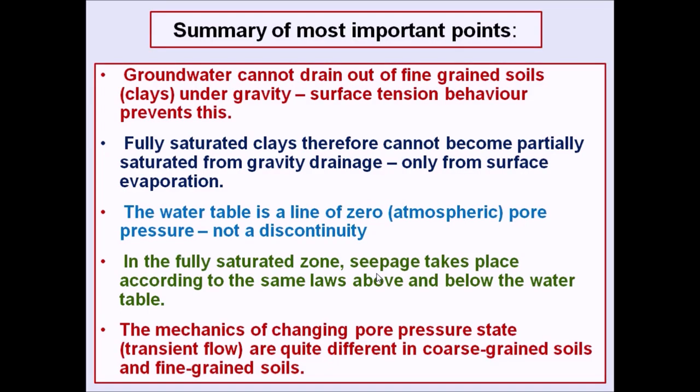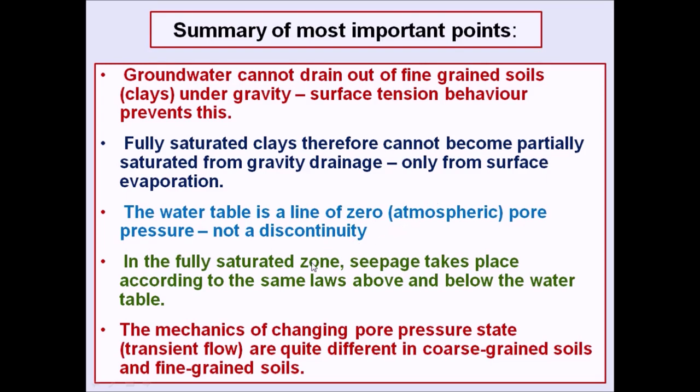Summary of the important points. Groundwater cannot drain out of fine-grained soils. Under gravity, surface tension behavior prevents this. Fully saturated clays therefore cannot become partly saturated from gravity drainage, only from evaporation at the surface. The water line in general is a line of zero, meaning atmospheric, pore pressure, not a discontinuity.